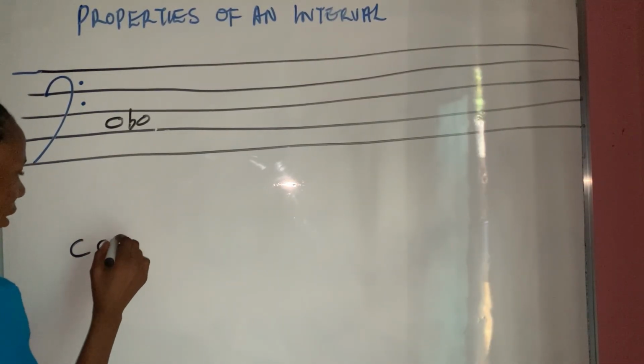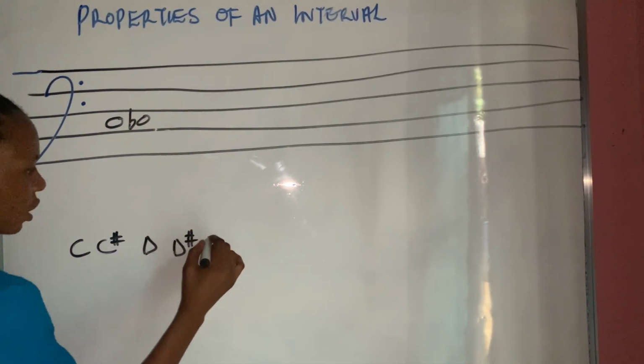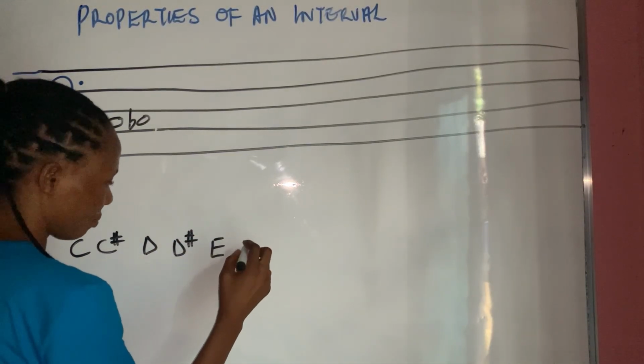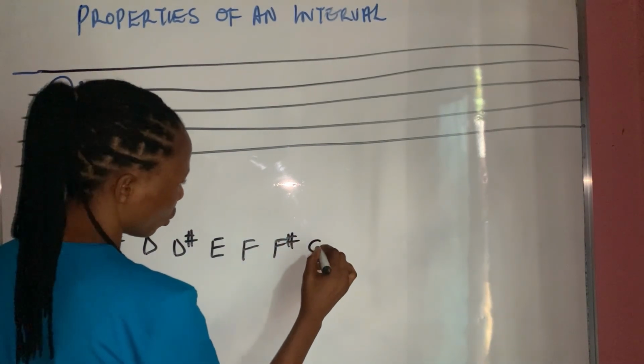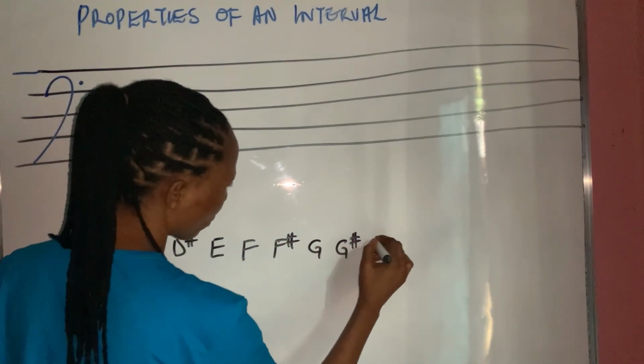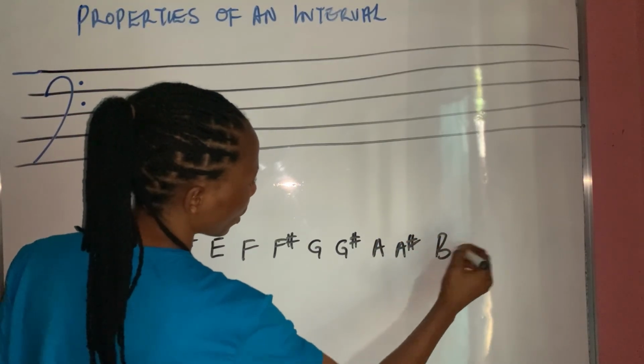We had C, C sharp, D, D sharp, E, F, F sharp, G, G sharp, A, A sharp, B, and back to C.